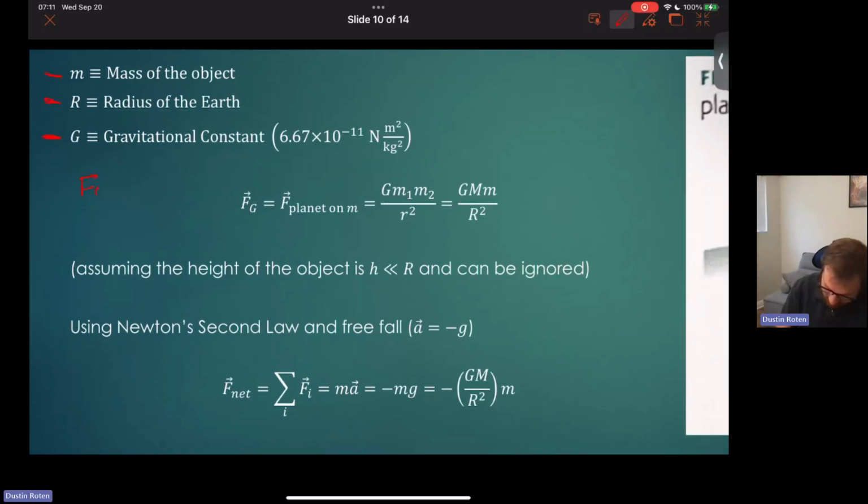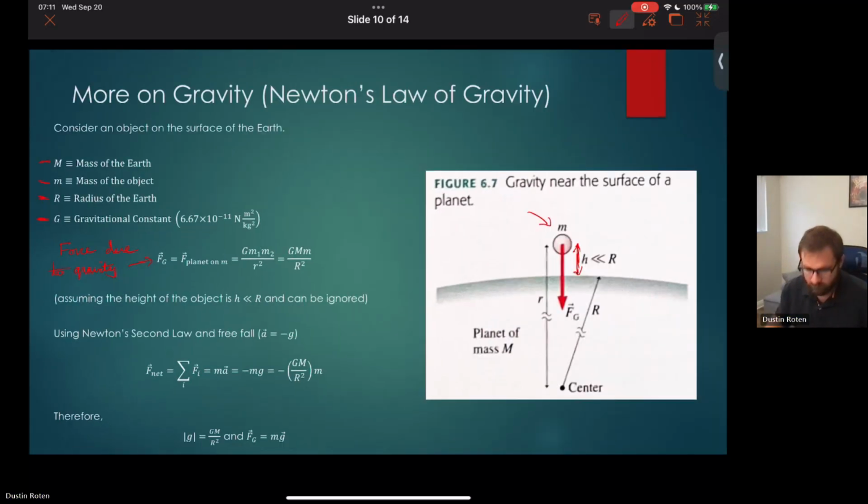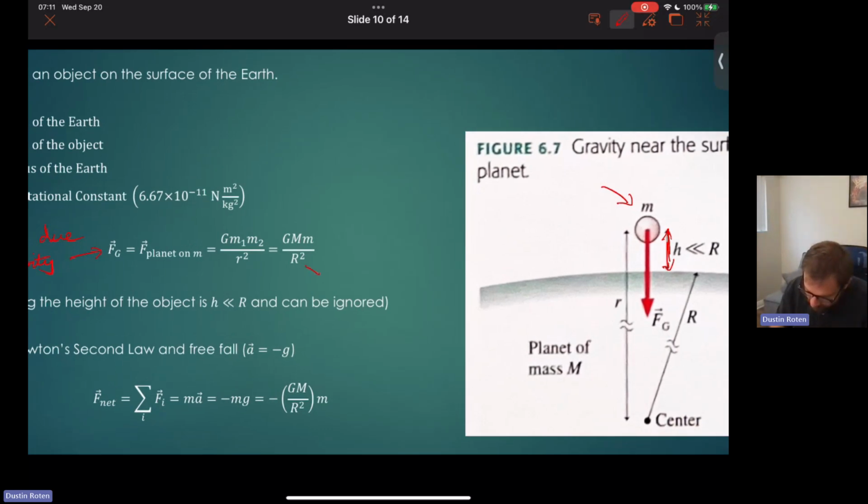So this is going to be our force due to gravity. Now let's plug this in. So we have big M, little m for the mass of the Earth and the mass of the object, and the distance away. What's weird here, you might think, is that I just plugged in big R, the radius of the Earth. So now the question is, what about the height?